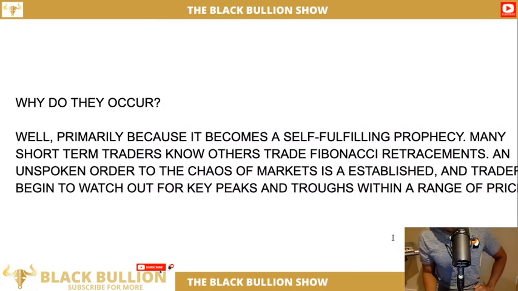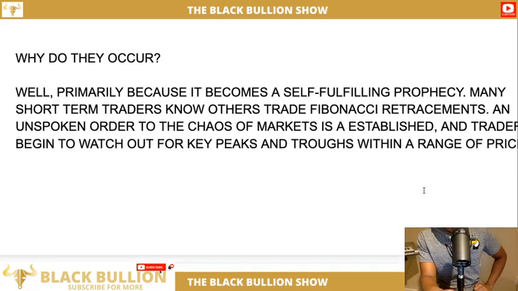Many short-term traders know other traders trade Fibonacci retracements. An unspoken order to the chaos of markets is established, and traders begin to watch out for key peaks and troughs, i.e., support levels or resistance levels within a particular range of prices.